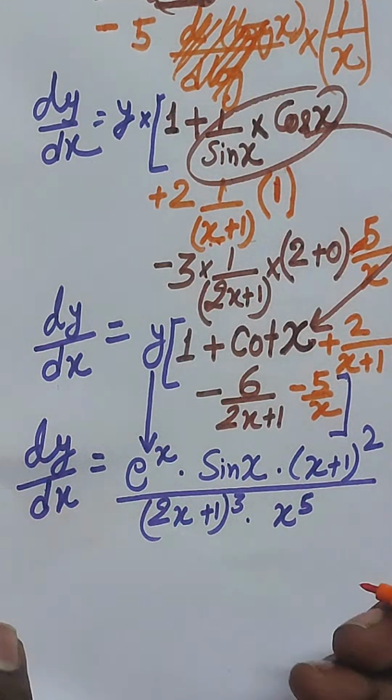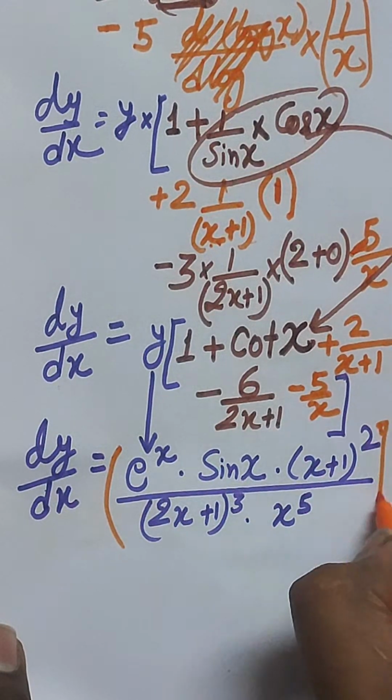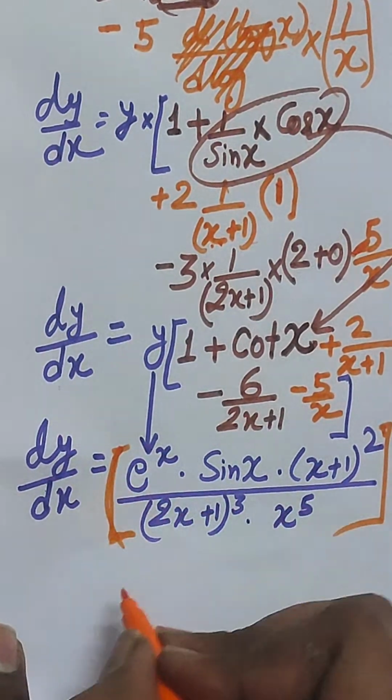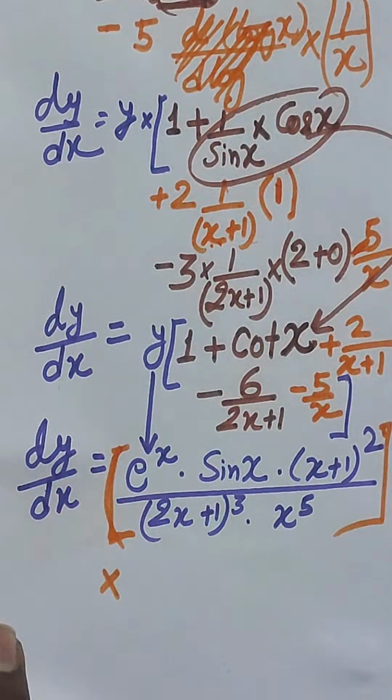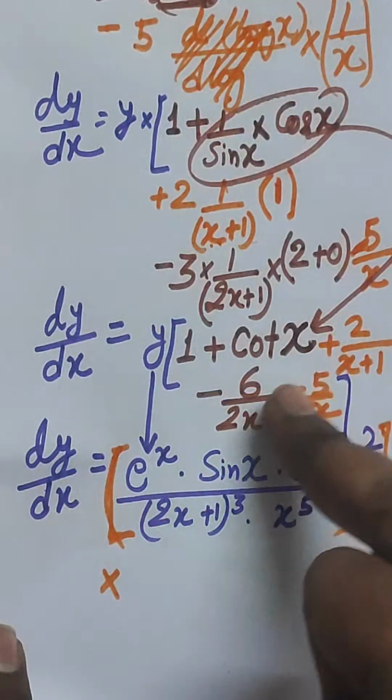So this is the value of y, multiplied with the last portion which we have differentiated.